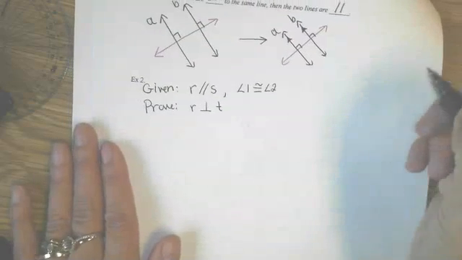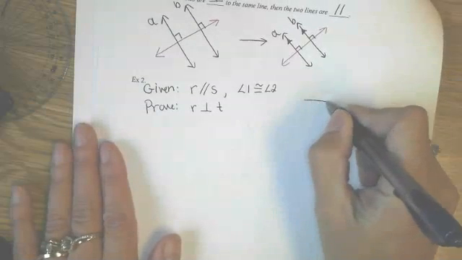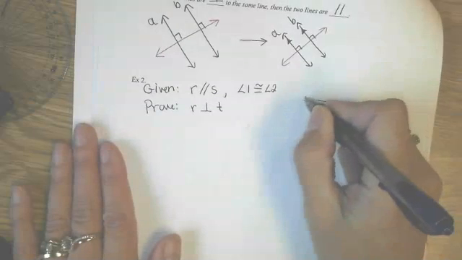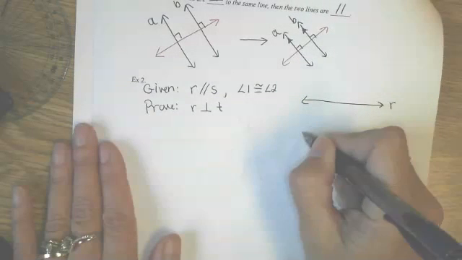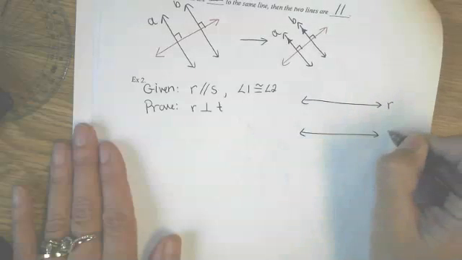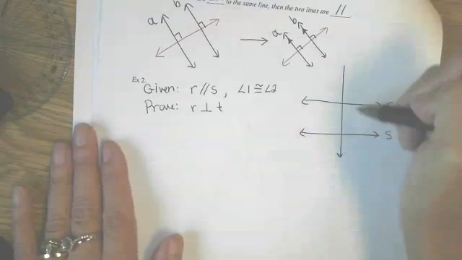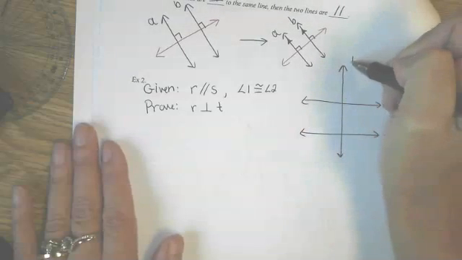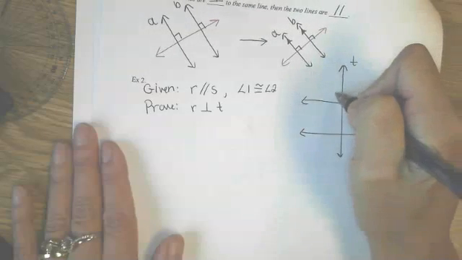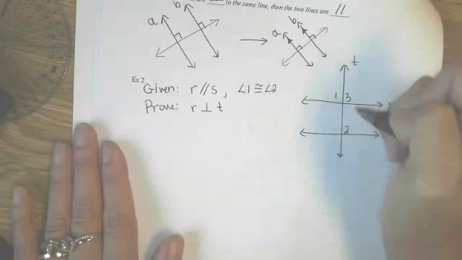And here is the picture. There's R. Here is S. Here's T. 1, 2, 3.